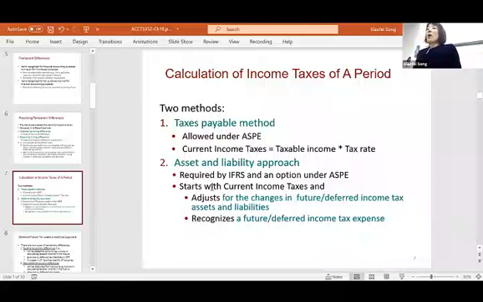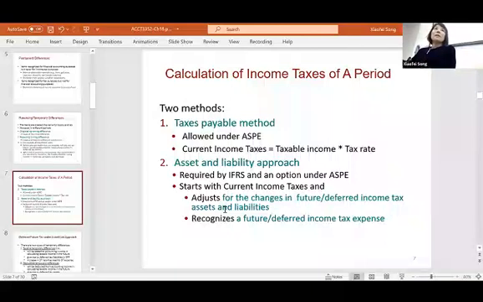Okay, so we start with the current income taxes. That's the same, tax payable from tax returns. And then, as we discussed in the previous slides, temporary reversing differences give rise to deferred tax liability, and sometimes can be an asset as well.